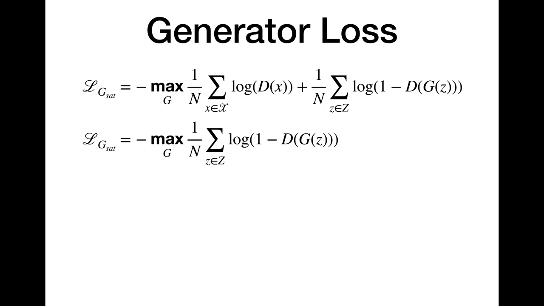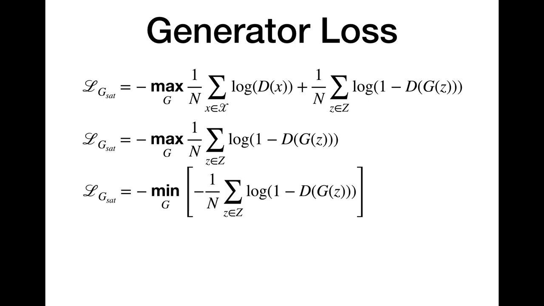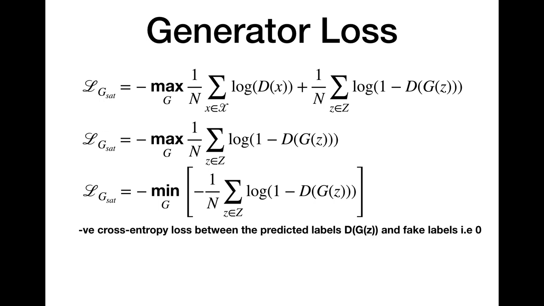Now the maximum can be written as negative of minimum, leading to this formulation. This looks pretty similar to the discriminator loss that we saw before. This is simply the negative cross entropy loss between the predicted labels for the fake images and the fake labels.